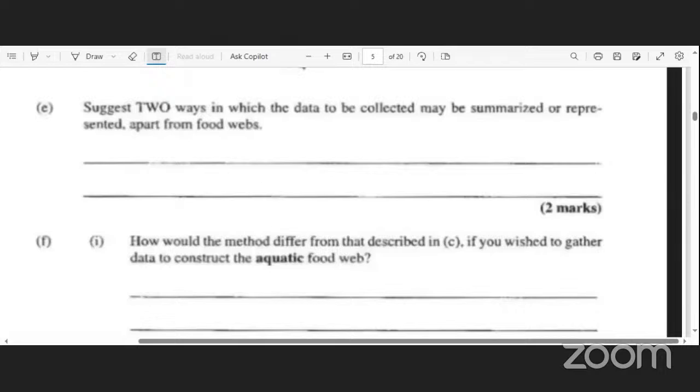To the next question. Suggest 2 ways in which the data to be collected may be summarized or represented apart from food webs. So how else could we represent this data differently from using a food web?